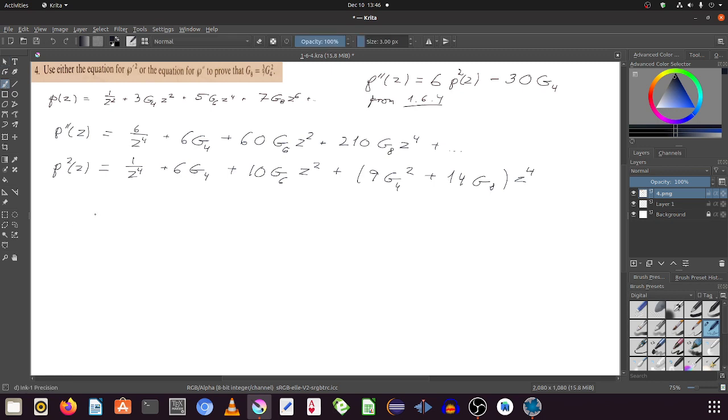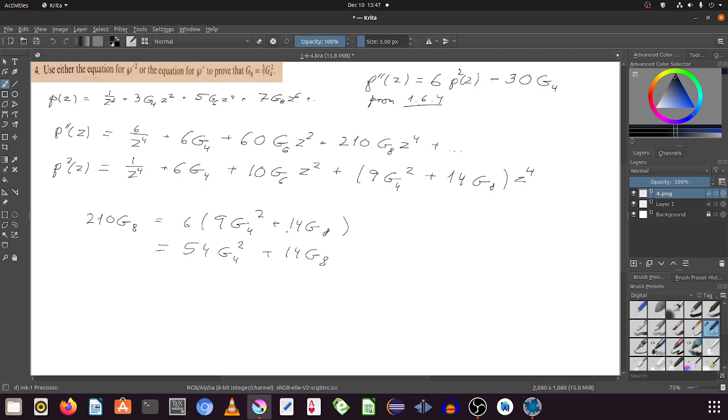So the double derivative equals 6, 54 g4 squared, and we 14, we have to multiply that.